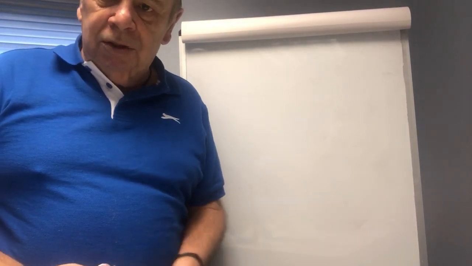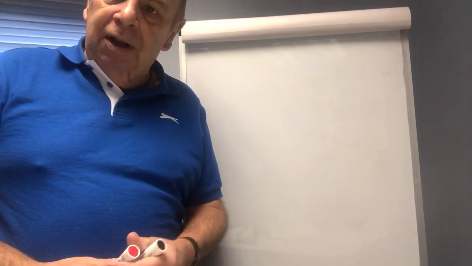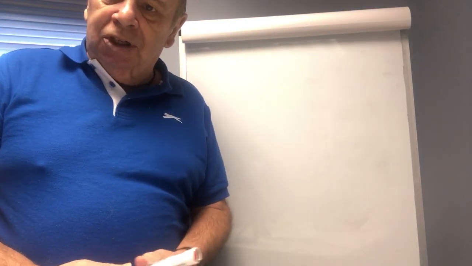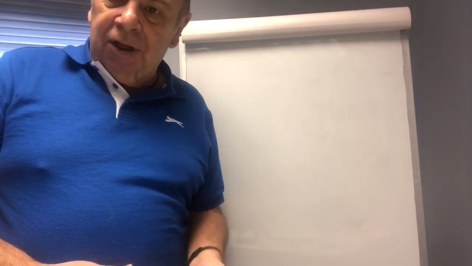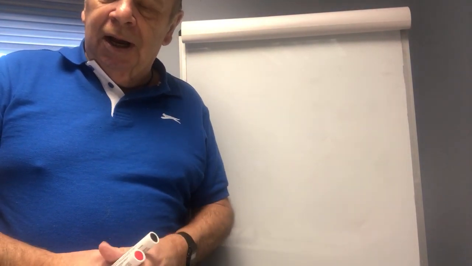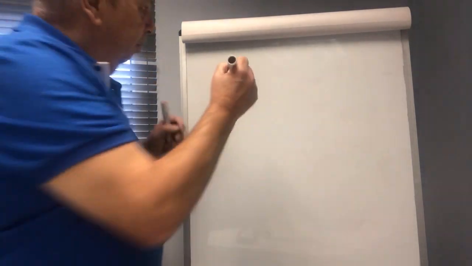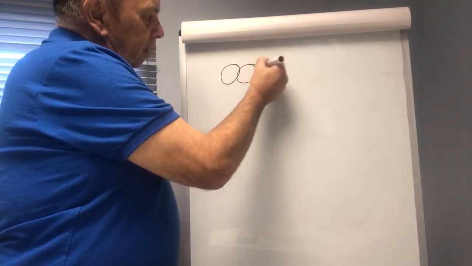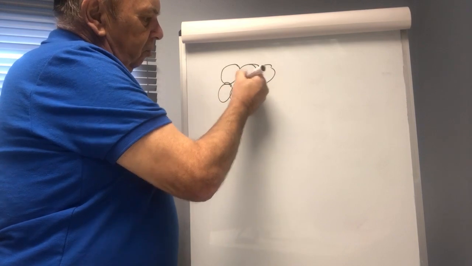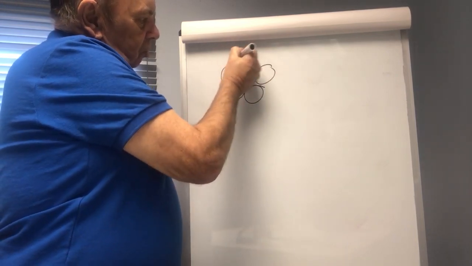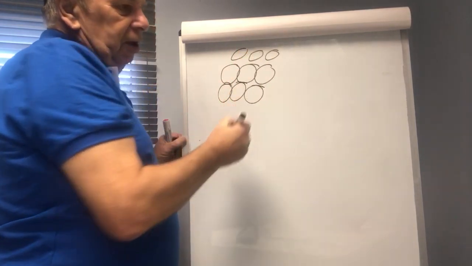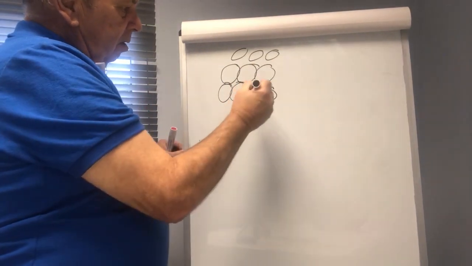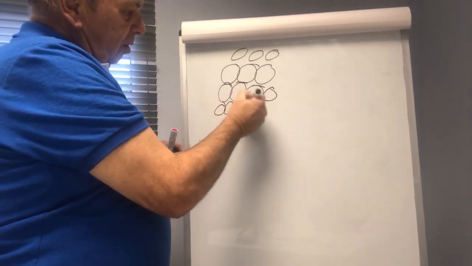However, if I mix two or more metals, I've got an alloy. An alloy is a mixture of two or more metals. It's common sense that metals have different sizes, and if I took a pure metal, don't forget it's a 3D structure, there's a layer, and a layer, and a layer.